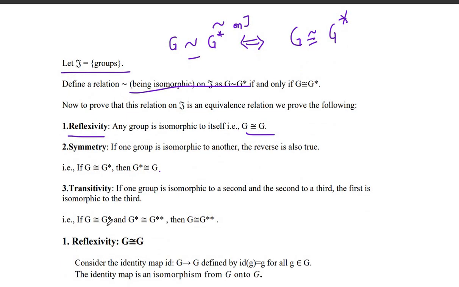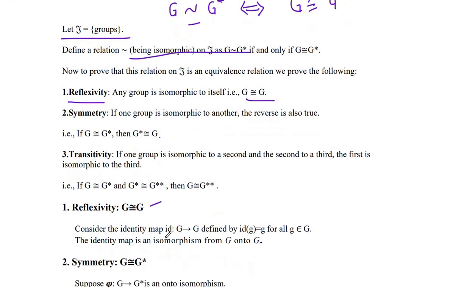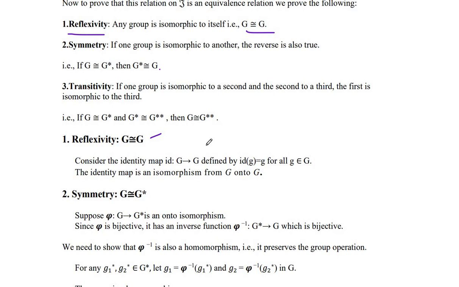So that is, if G is isomorphic to G star and G star is isomorphic to G double star, then G is isomorphic to G double star. So first we'll prove the reflexivity. Between G and itself, which one will act as a one-to-one onto homomorphism? Obviously, it is the identity mapping.